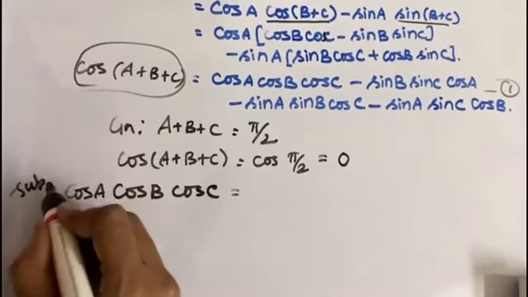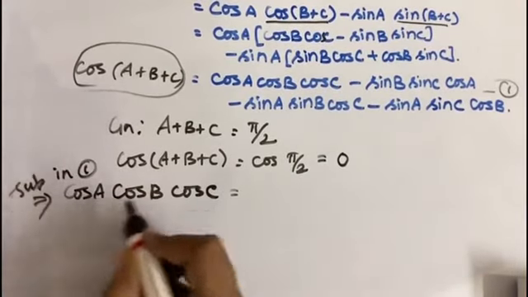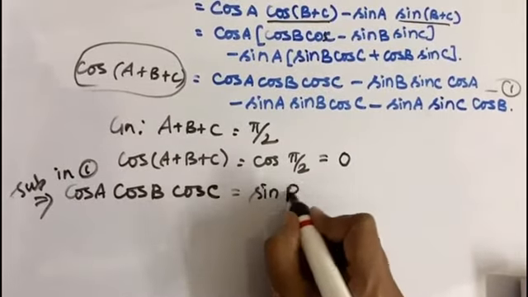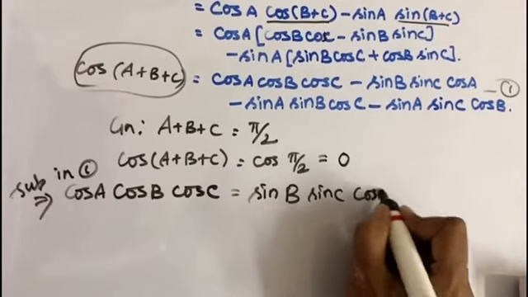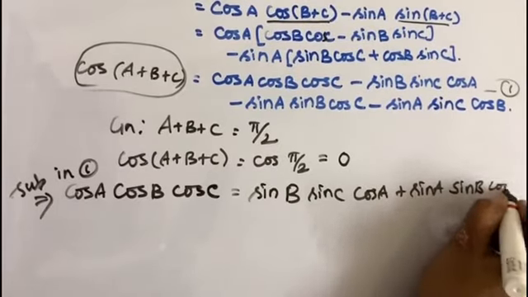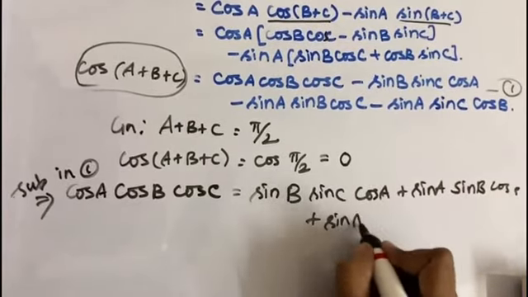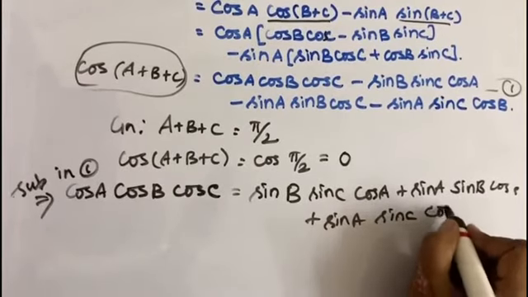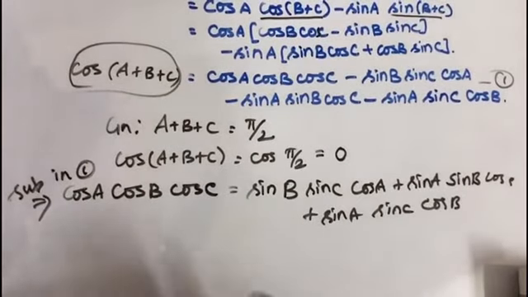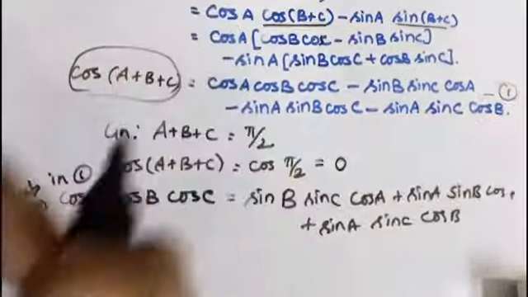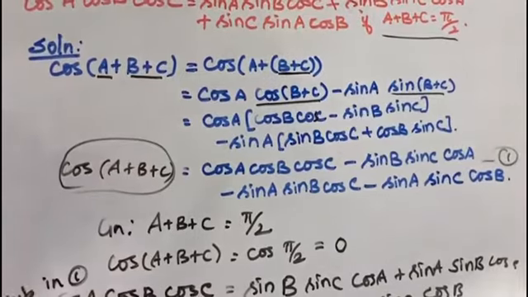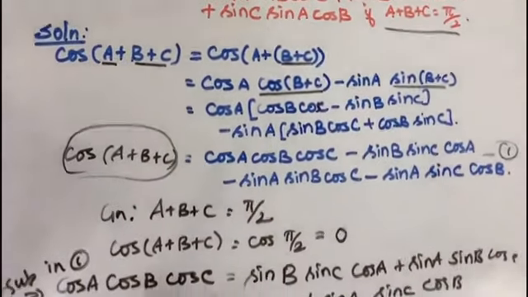That implies cos A cos B cos C is equal to sin B sin C cos A plus sin A sin B cos C plus sin A sin C cos B. So I bring all the terms to my right, and the given expression cos A cos B cos C is equal to this one. Hence the proof.